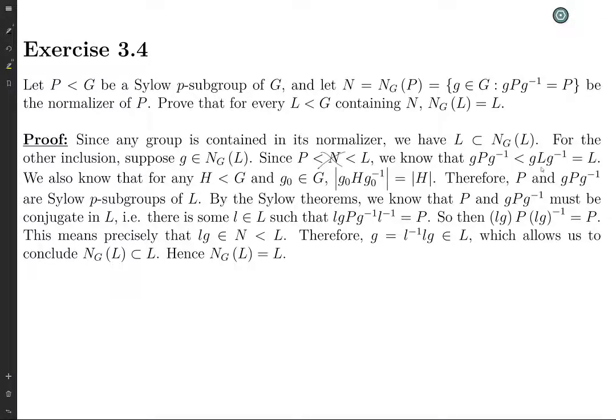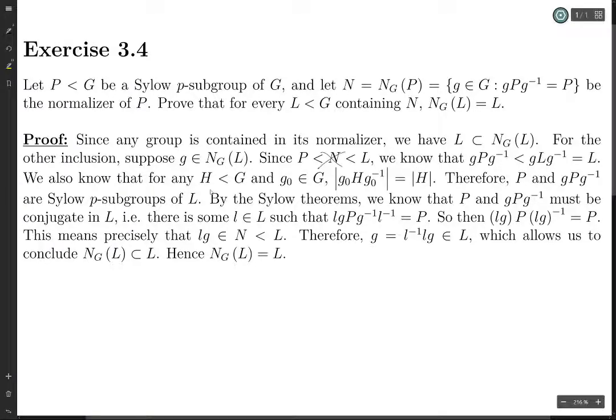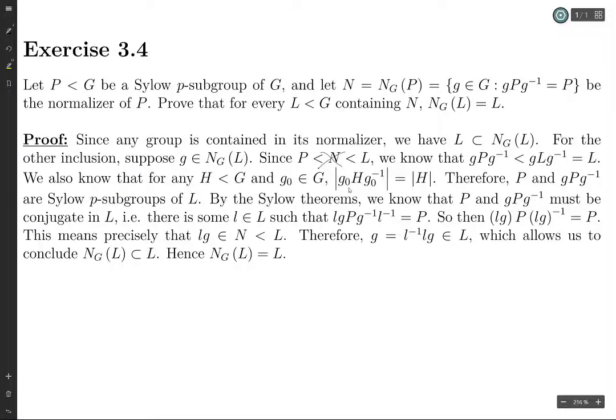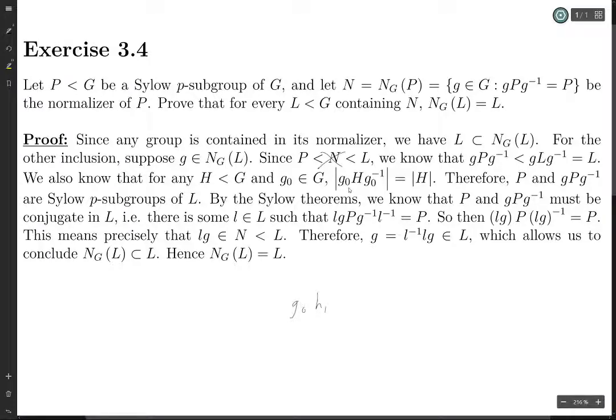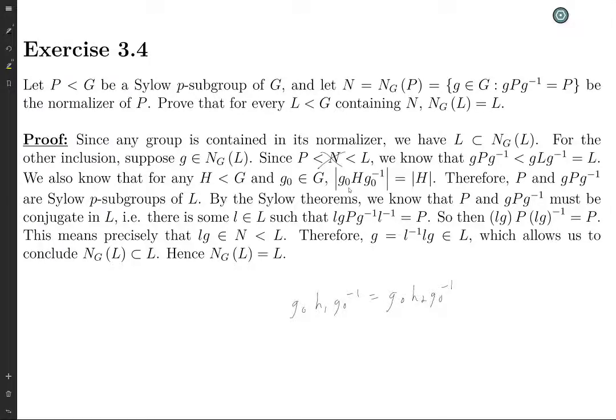And so now we know that for any subgroup H of G and for any element g naught in G, this is just a general fact, you have the size of g naught H g naught inverse is equal to the size of H. And that's because the only way that this could not hold would be if you have g naught h1 g naught inverse equals g naught h2 g naught inverse, i.e. you take two elements and you multiply on the left by g naught and on the right by g naught inverse and you get the same element.